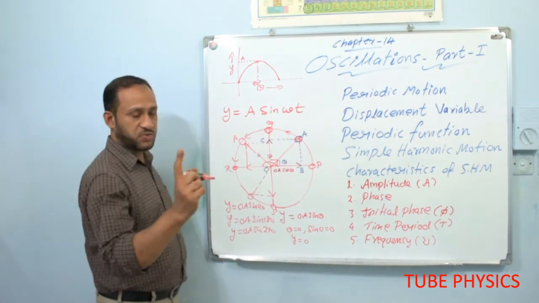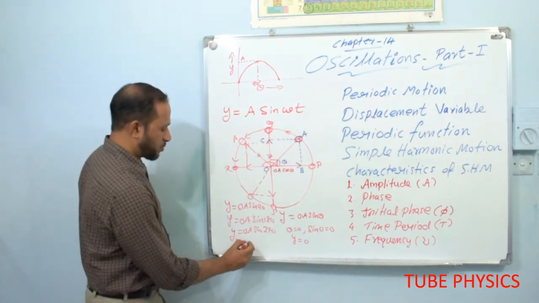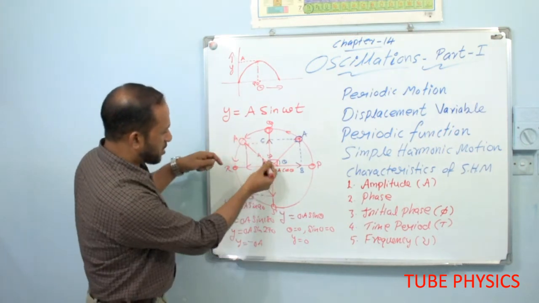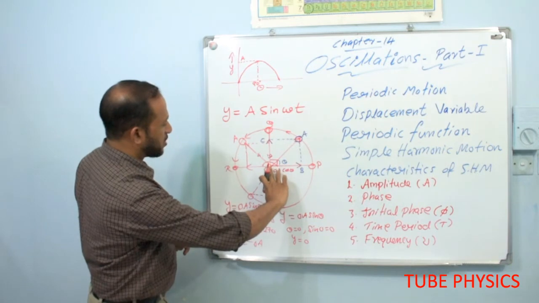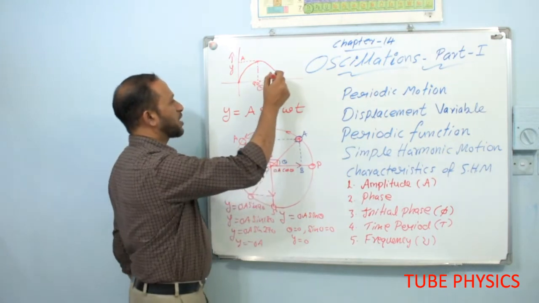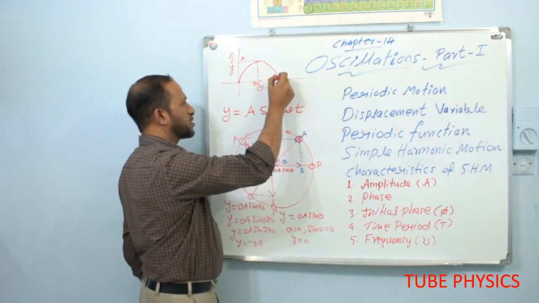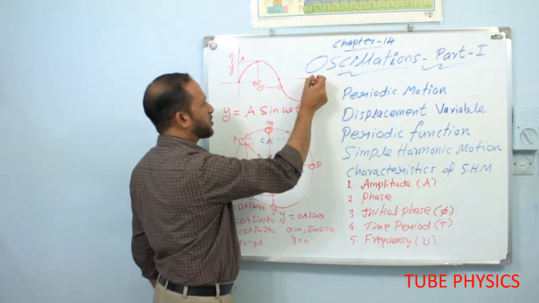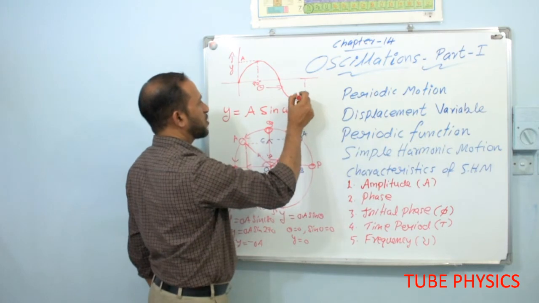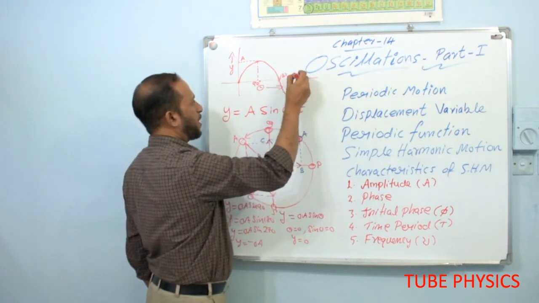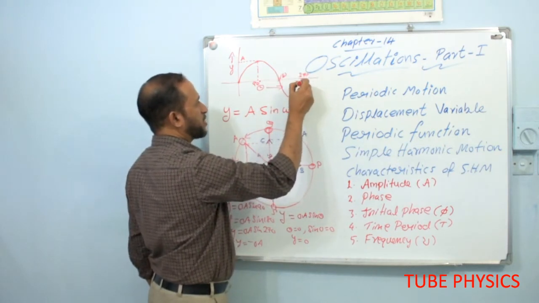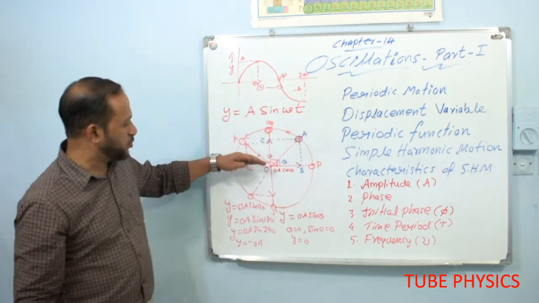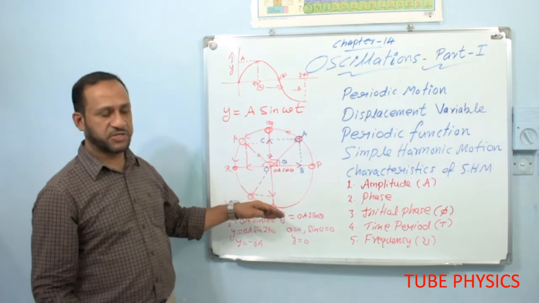Sine 270 is minus 1, so y is equal to minus OA. The displacement becomes maximum in the downward direction, the full length of the position vector. So the graph is decreasing in the opposite direction, and at the angle of 270 degrees it becomes minus OA, the amplitude becomes maximum in the reverse direction.